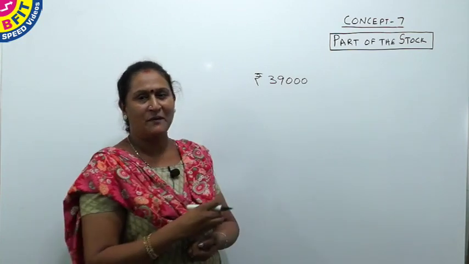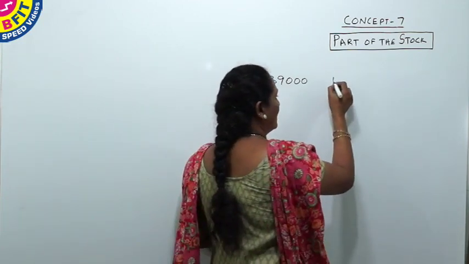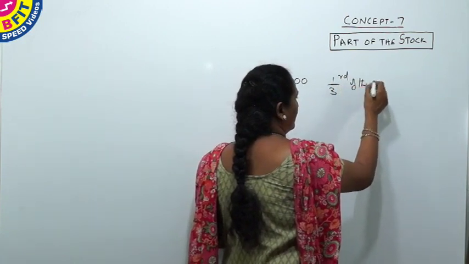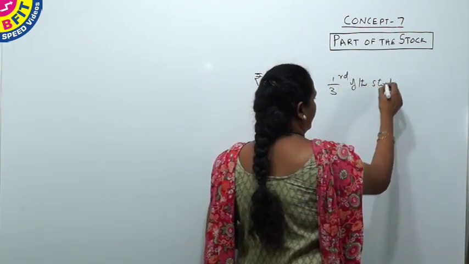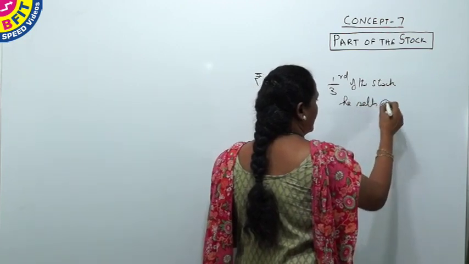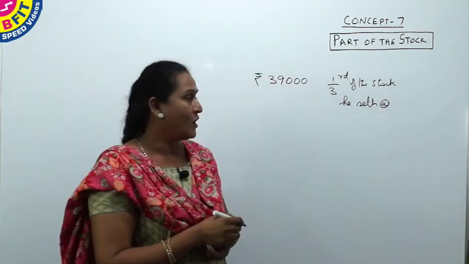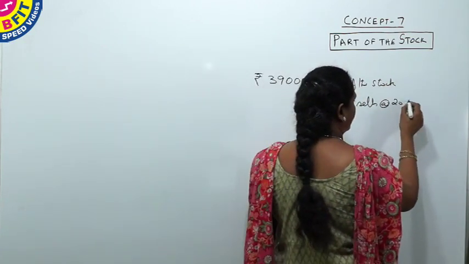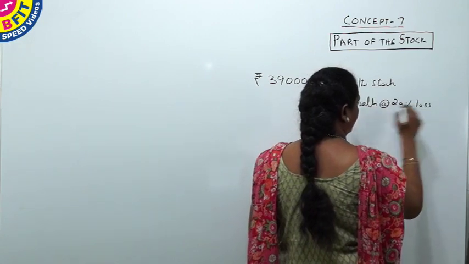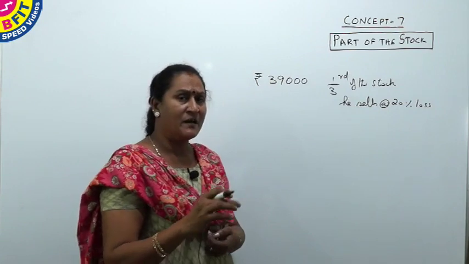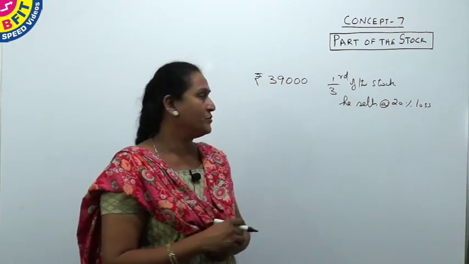Because of some damage, 1/3 of the stock he sells at 20% loss. And now the question is, the remaining, at what profit percent should he sell?